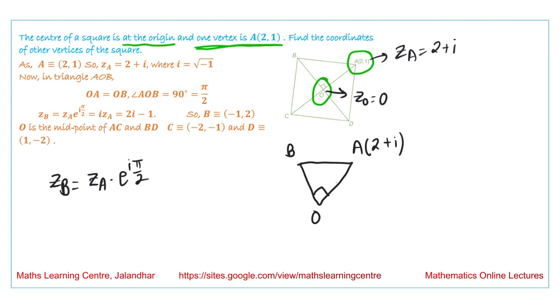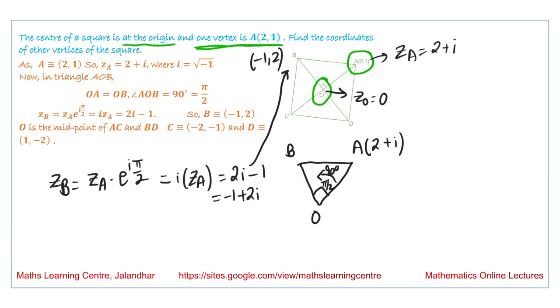It is being rotated by an angle of 90 degrees, that is pi by 2. So this is equal to iota into ZA. The answer we obtain is 2 iota minus 1. Now the coordinates of this point are minus 1 plus 2 iota, that is minus 1 comma 2.